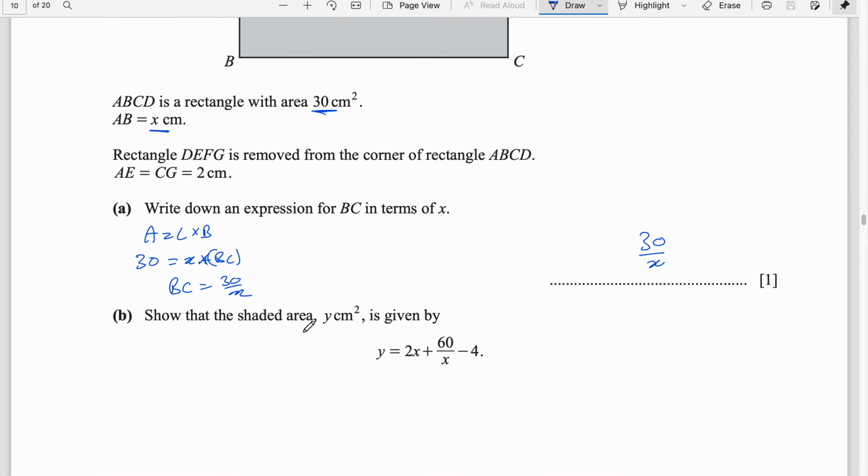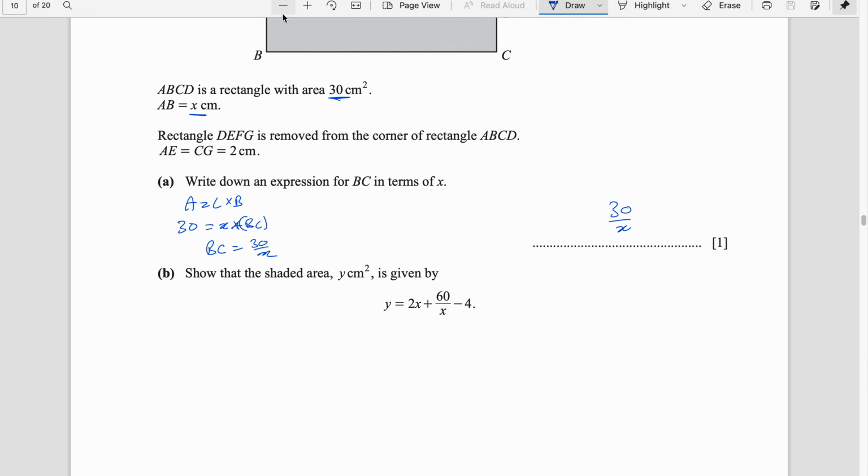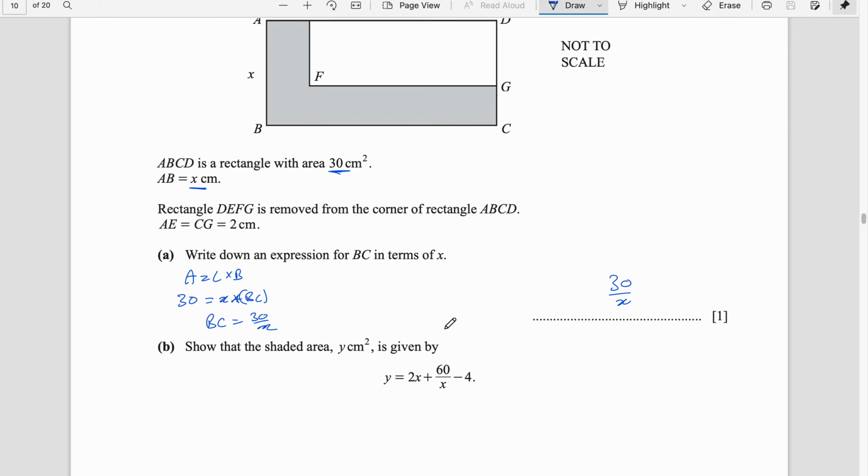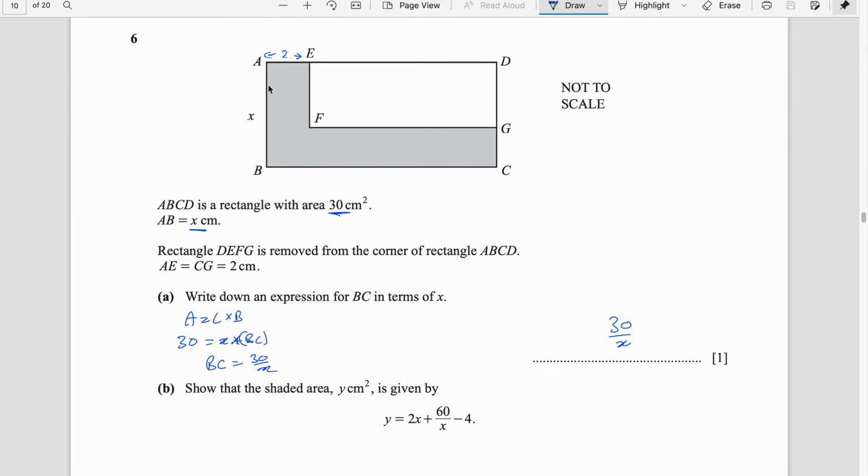B part is show that the shaded area y centimeter squared is given by 2x plus 60 by x minus 4. So let's consider if this full length is x, this part is 2, so the upper part should be x minus 2. In this case, we already have that this is 30 by x, and when we remove this 2, I have this section.